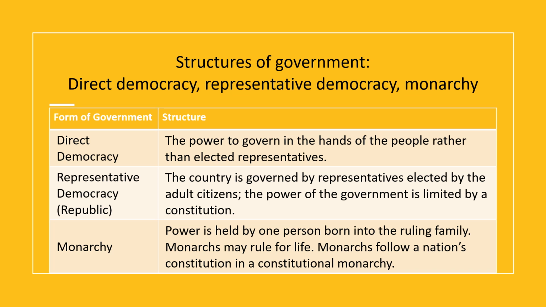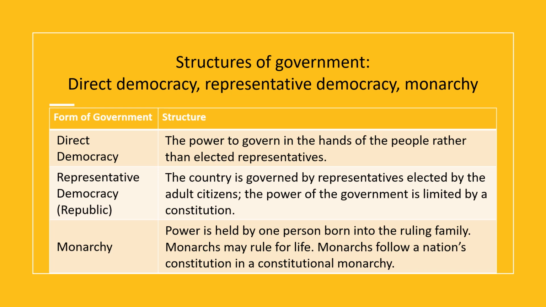We're now going to be describing the specific structures of various forms of government. Looking at a direct democracy, that occurs when the power to govern is in the hands of the people rather than elected representatives. This means that each person is equal in the governing process.